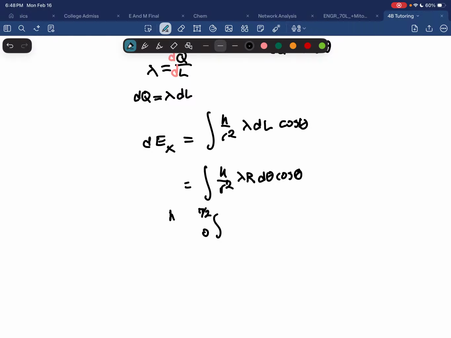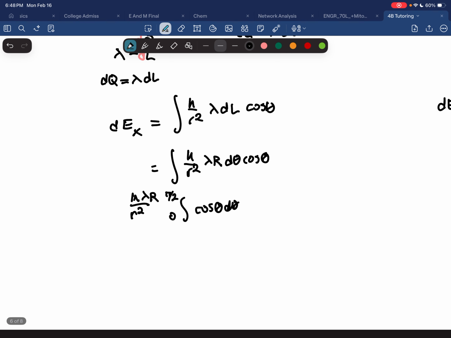And we can take out all of our constants. And so the sine of pi over 2 is equal to 1.